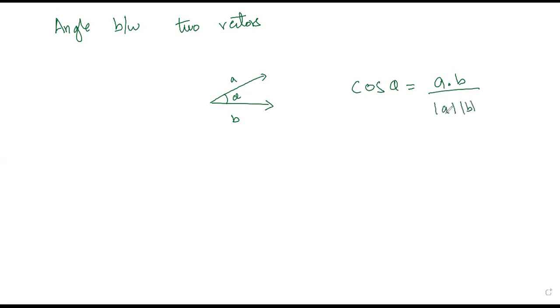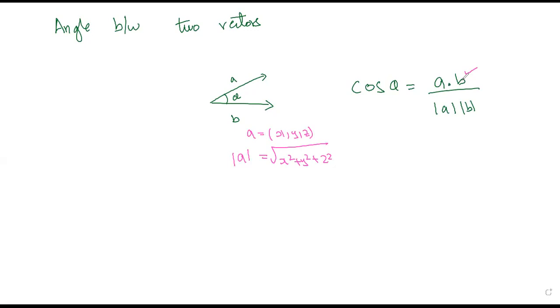Now A mod and B mod are basically the modulus of the vectors. So how do we define A mod? Let's say A has the coefficients x, y, and z. So A mod would be under root x square plus y square plus z square, right? And how do we do dot product? You know that.